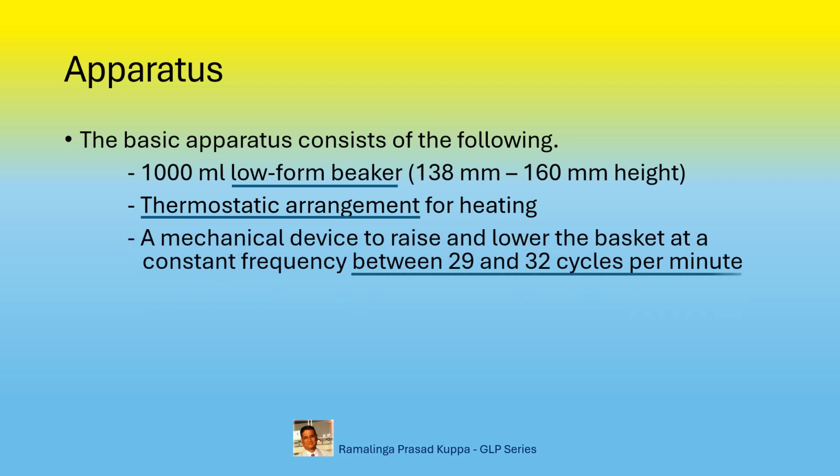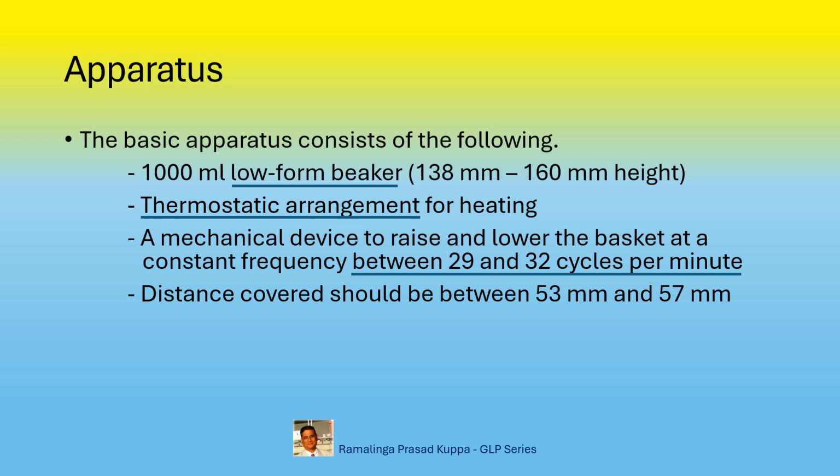A mechanical device to raise and lower the basket at a constant frequency between 29 and 32 cycles per minute. The basket should take an average of about 30 dips per minute.